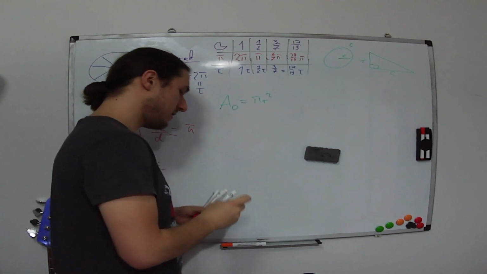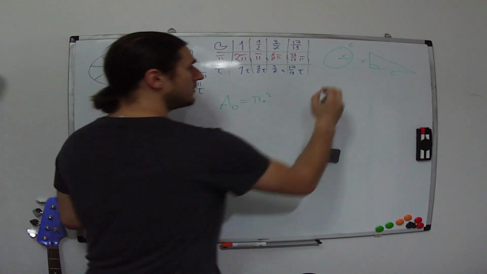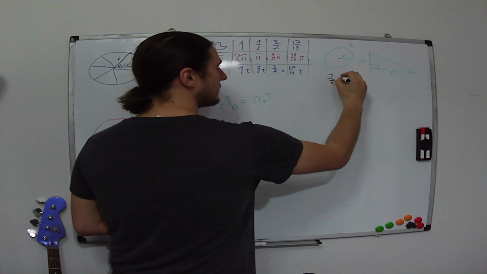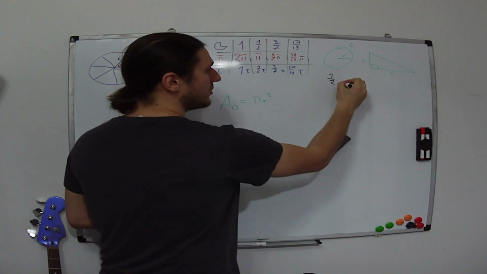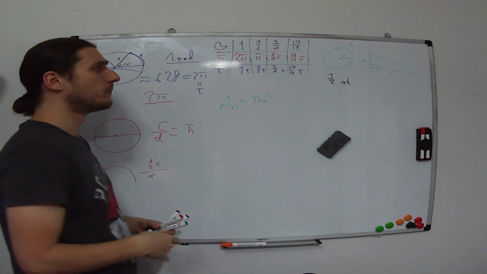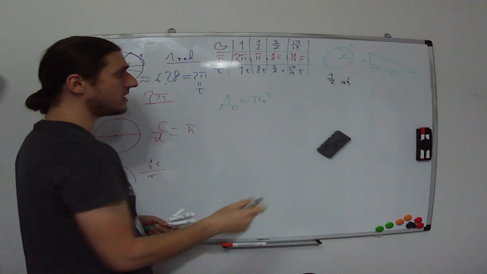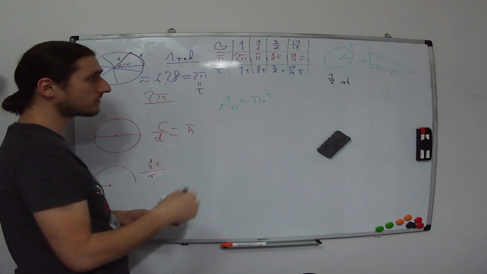Now, what is the equation for the area of a triangle? It's 1/2 HA, right? Or AH, whichever. We can move them around, it's fine. Okay, cool. So we know that these are equal because Archimedes, you can look it up.